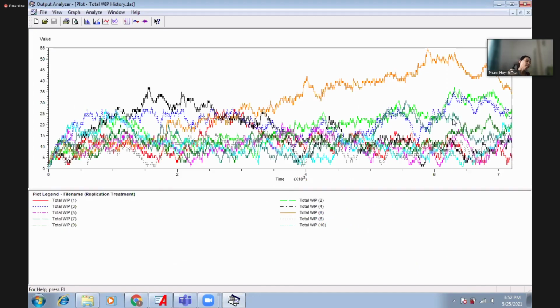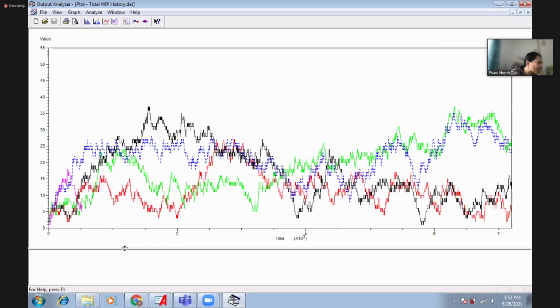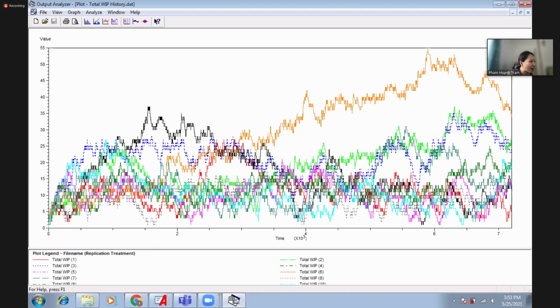Wow, this is the plot we have. Can you identify the steady state from here? Okay, frankly speaking, to me, it's also hard to look at this one, but it seems that for many replications, let's zoom out.